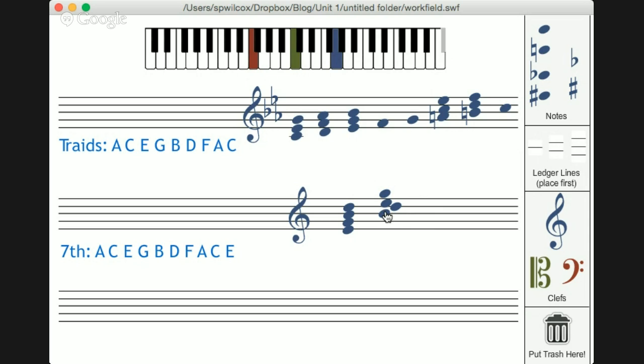We have a B in the bass. So root position, first inversion, second inversion. If we count up from B, we have a third generically and a fourth. So this could be a 6-4-3, but people just say 4-3. So second inversion is called 4-3.